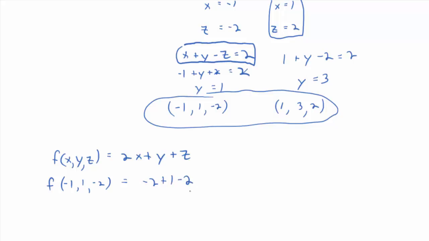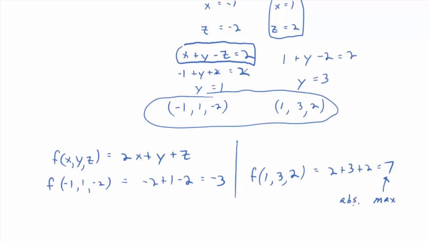What is that? -3. That's probably a min, right? And then f of 1, 3, 2. So that's going to be 2 plus 3 plus 2 is 7. So I'm going to say that's our max, absolute, and that's our min, absolute.